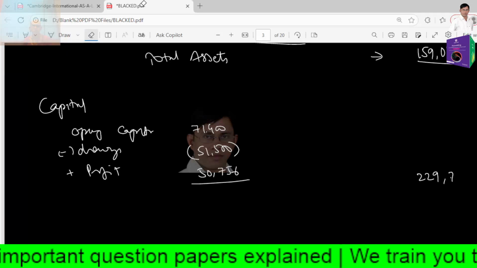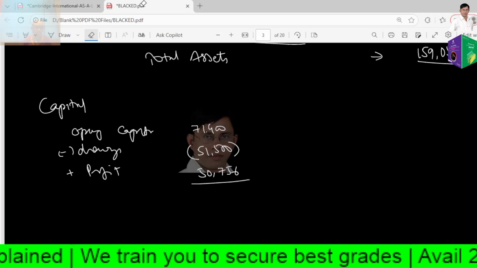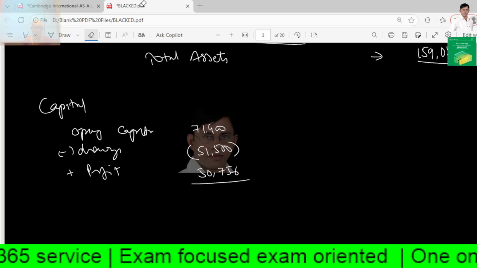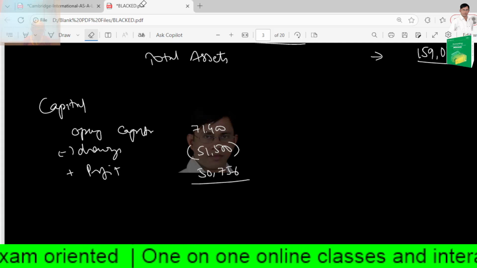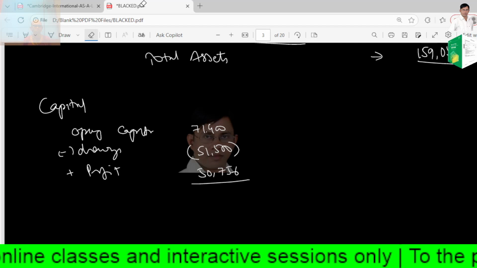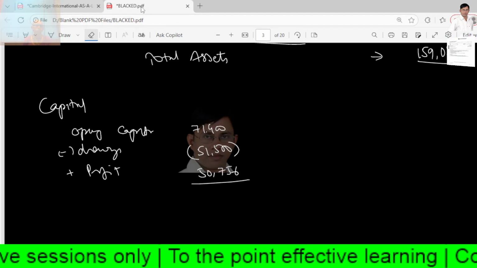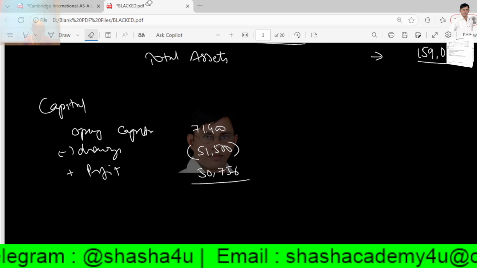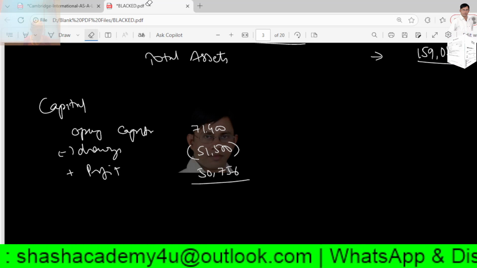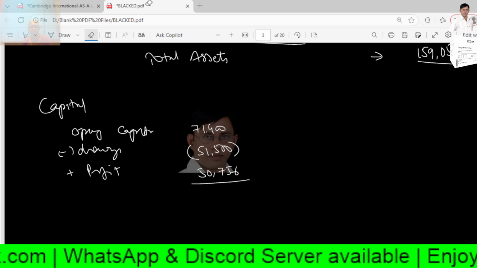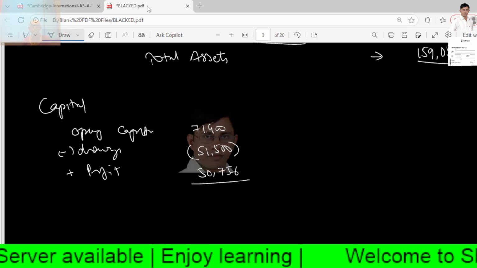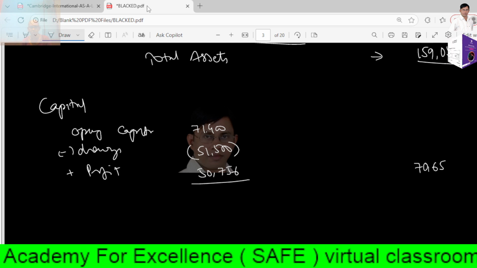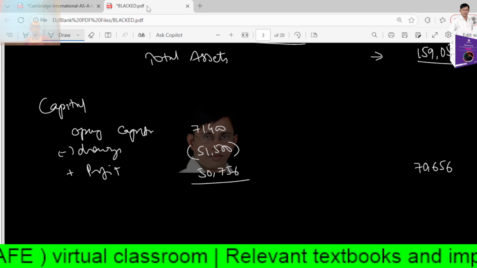It cannot be, wait, there is some mistake. 71,400 minus 51,500 plus 50,756, right? Yes, 50,756. That is 70,656. So this is the closing capital, 70,656.